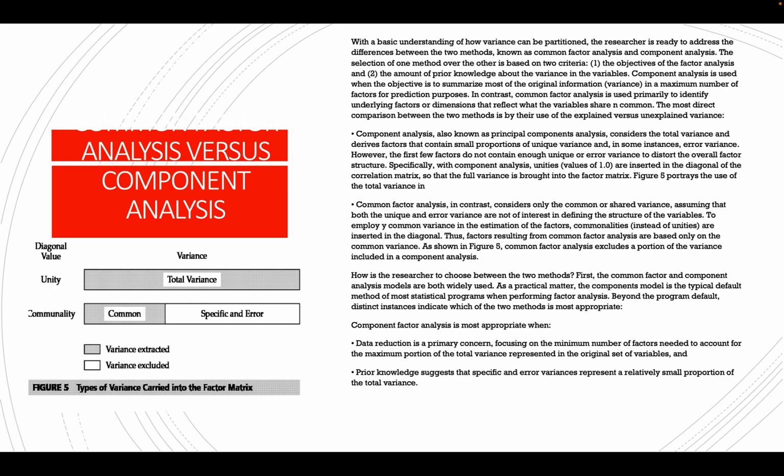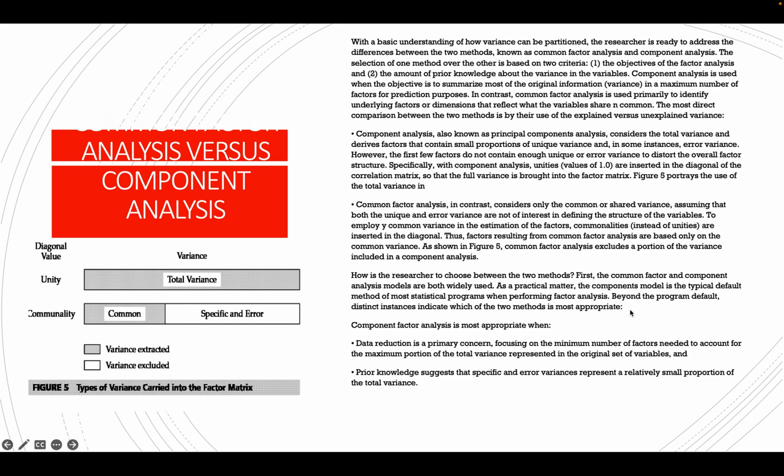To employ common variance in the estimation of the factors, communalities instead of unities are inserted in the diagonal. Those factors resulting from common factor analysis are based only on the common variance. As shown in Figure 5, common factor analysis excludes a portion of the variance included in a component analysis.